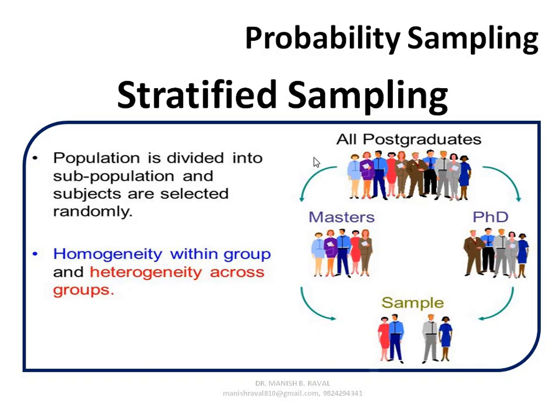For example, we have the whole population of all postgraduates. We want to make a survey over all these postgraduate candidates. This is our population. Now this population is divided into two parts. The first one is all those people who have only a master's degree, and the second is all those people who have a master's besides a PhD degree also.